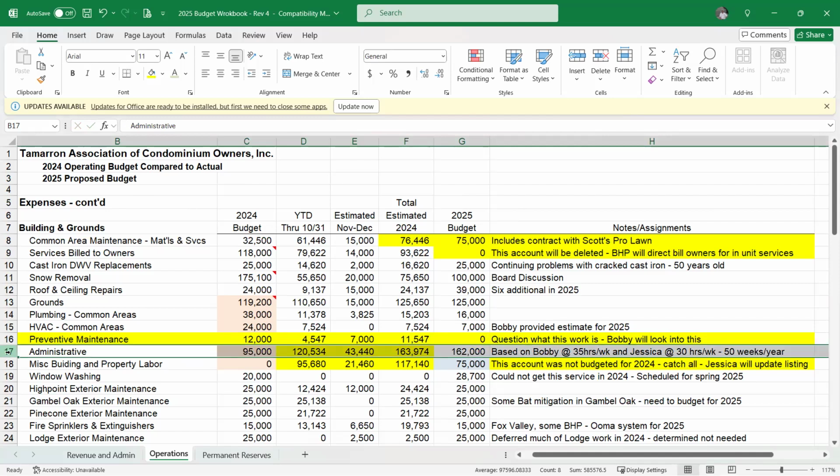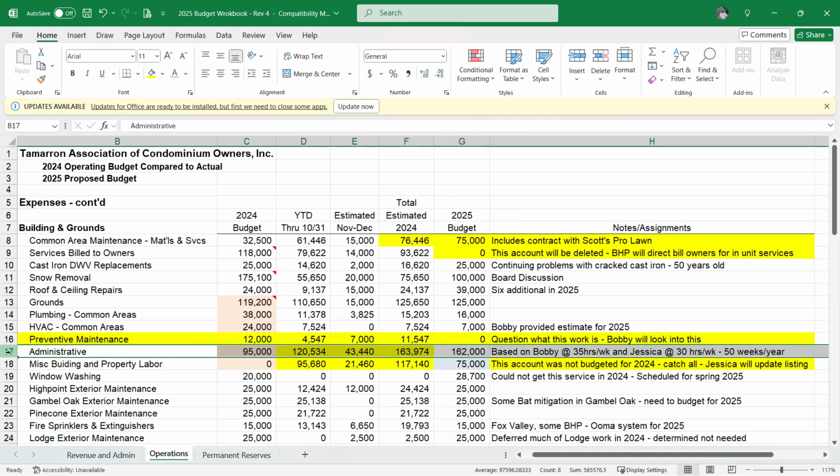Administrative. Stacy, you want to cover this? Sure. Bobby has offered to bill us at a flat rate. I know he spends more than 35 hours a week working at Tamaron, so that's going to be very helpful. I still want to visit with you about Jessica's hours, because these discussions are ongoing.